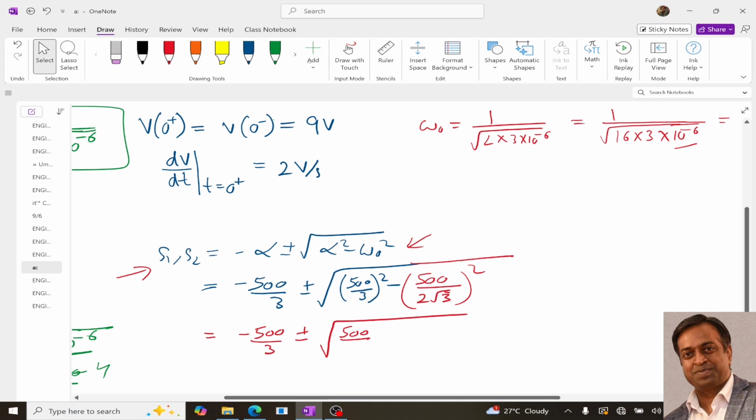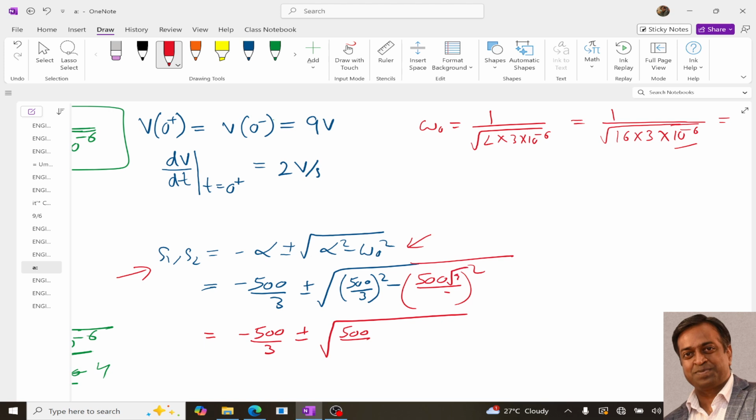So instead of this I will take root 3 upon 6. Now if I take 500 by 3 as common, I will get 1 for this, and for this it will be root 3 upon 2 square.